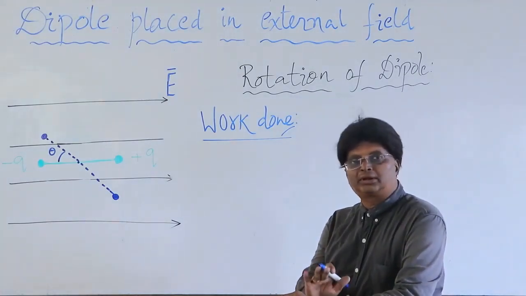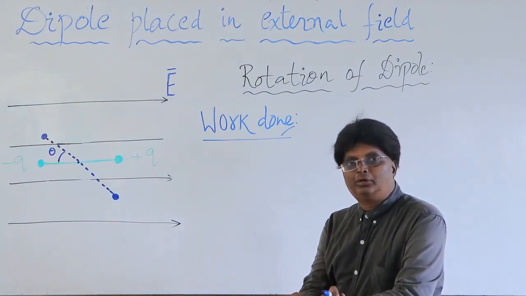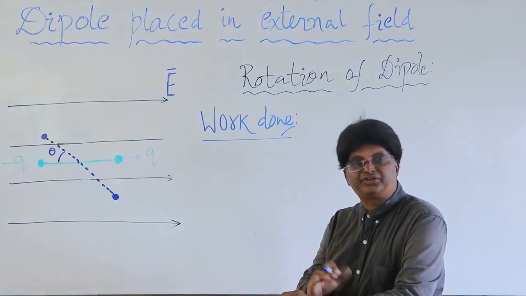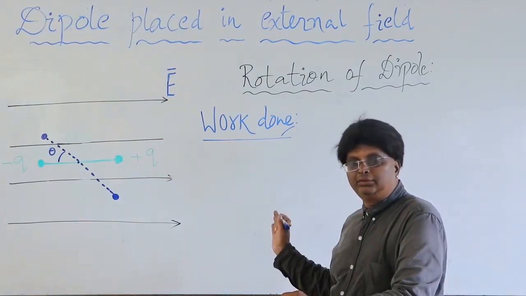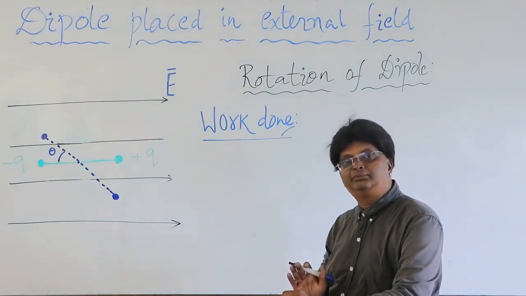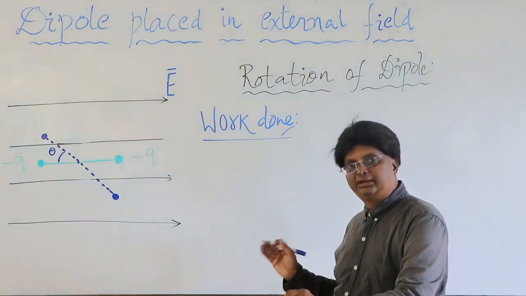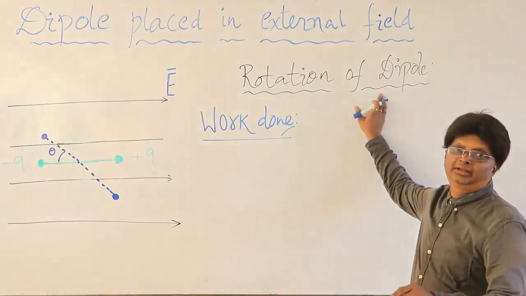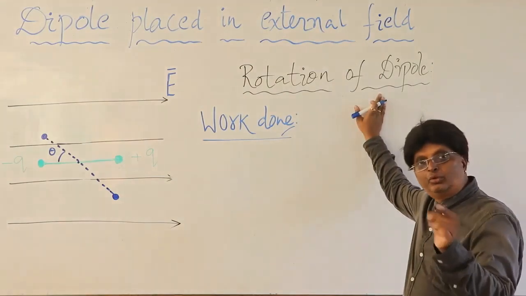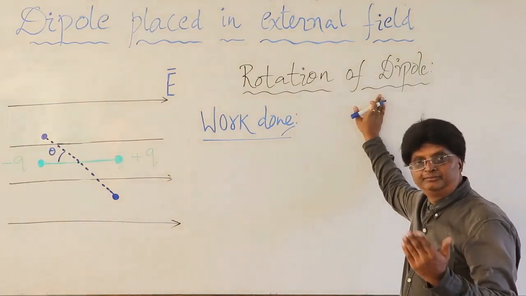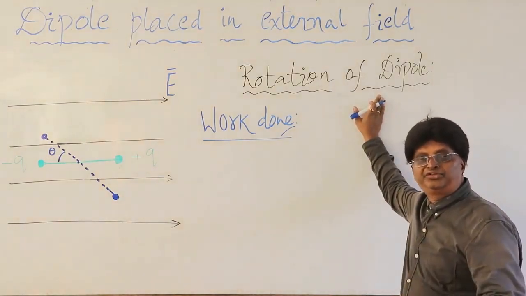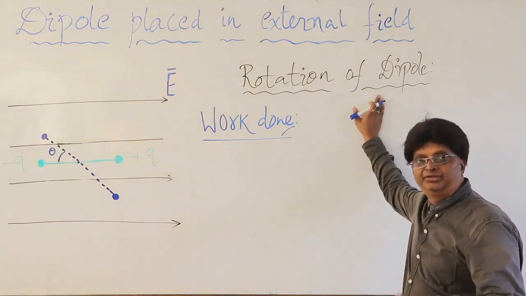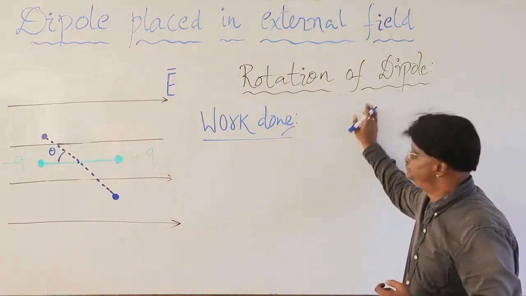What is that? Work kinetic energy theorem or work kinetic and potential energy theorem. Now here we are talking about the work energy theorem meaning work and potential energy. Because when we are rotating a dipole in an external electric field, as its orientation theta changes, yes, potential energy changes, and that change in potential energy is the work done.